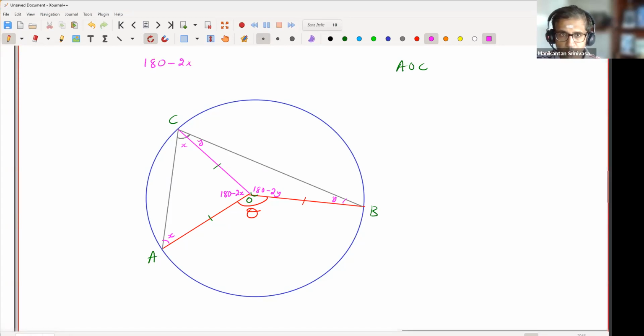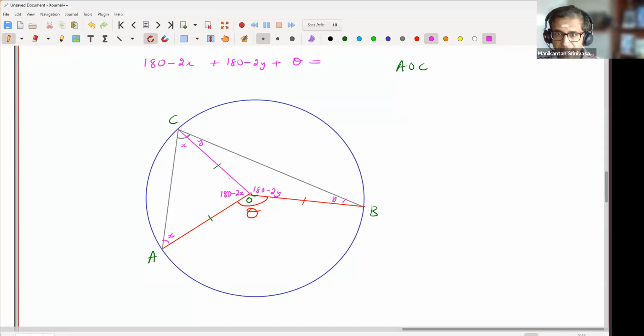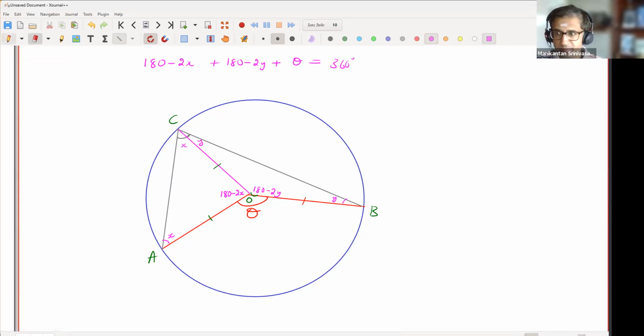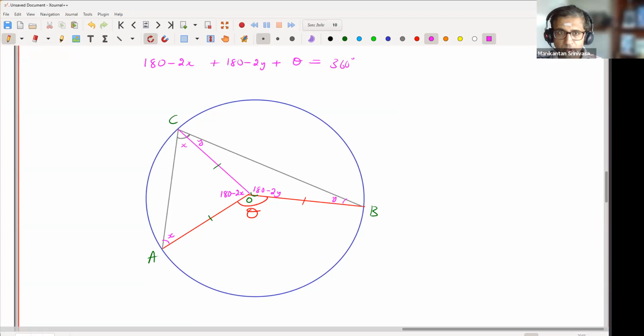It's 180 minus 2X plus 180 minus 2Y plus theta. All of them form the full circular angle, which is 360 degrees. You guys agree? Okay, and therefore I can cancel 180 plus 180 with the 360 here. Therefore, theta becomes 2X plus 2Y.